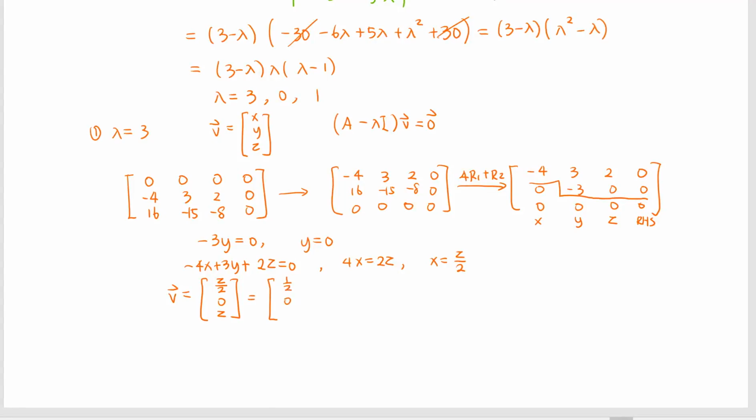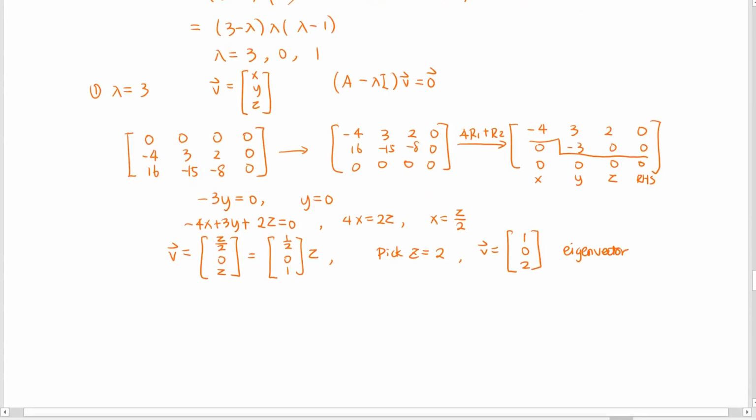We get 1/2, 0, 1 times z. And if we want all integer entries, we can pick z to be 2. Then v is 1, 0, 2. So this is the eigenvector associated to the eigenvalue of 3. So far, so good, everybody.